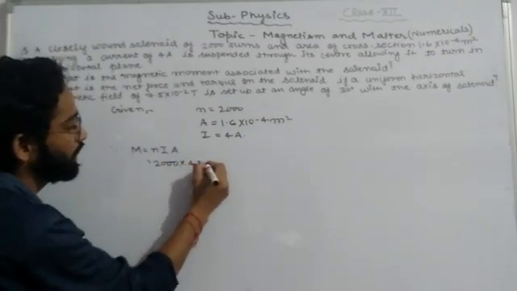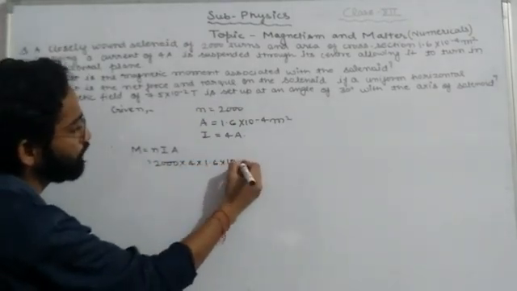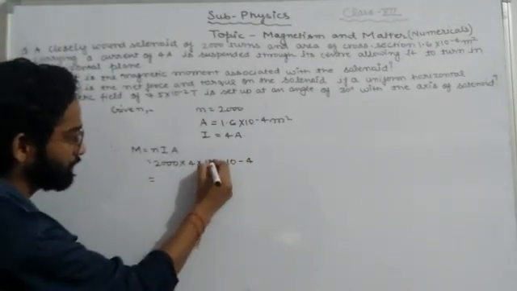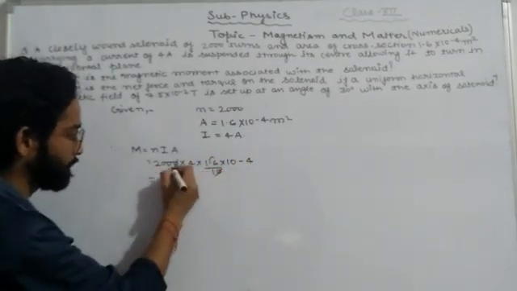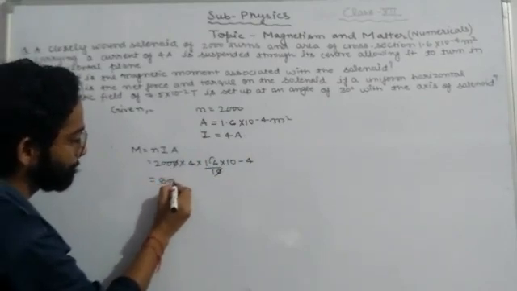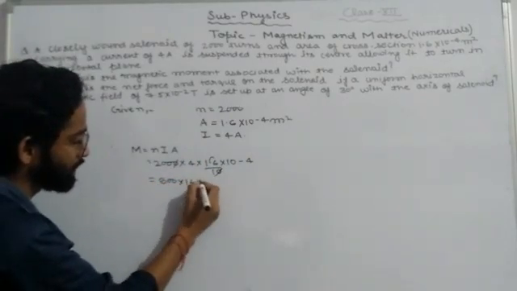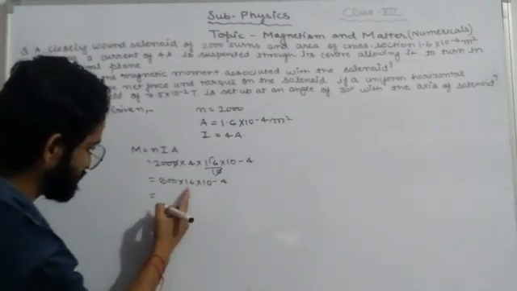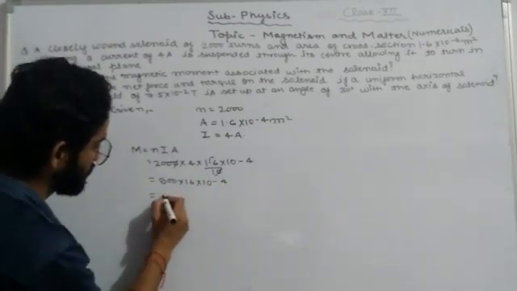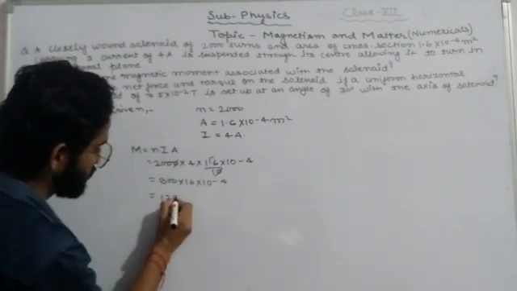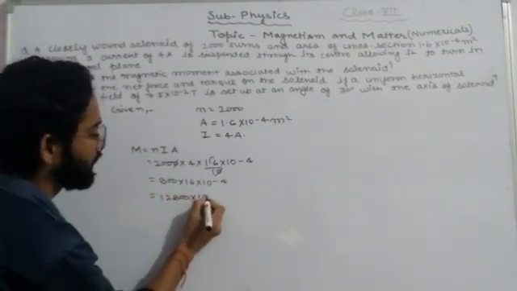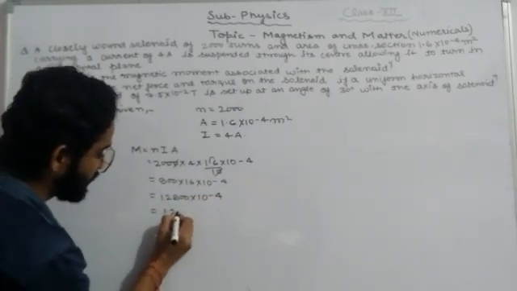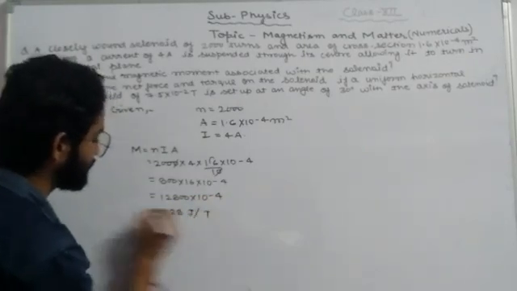I is 4, A is 1.6 × 10^-4. We just solve this, and we get 1.28 joule per Tesla.